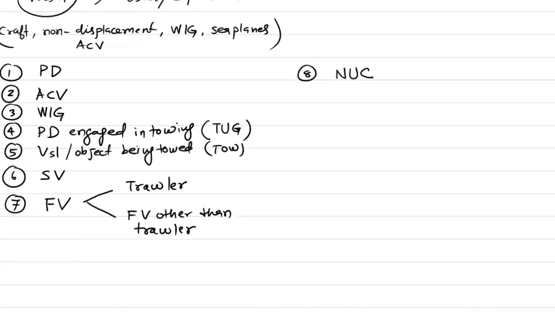Number 8. NUC. What is NUC? Vessel not under command. Okay. Can you tell me the definition? Yes, sir. The term vessel not under command means a vessel which through some exceptional circumstances is unable to maneuver as required by these rules, and is therefore unable to keep out of the way of another vessel.